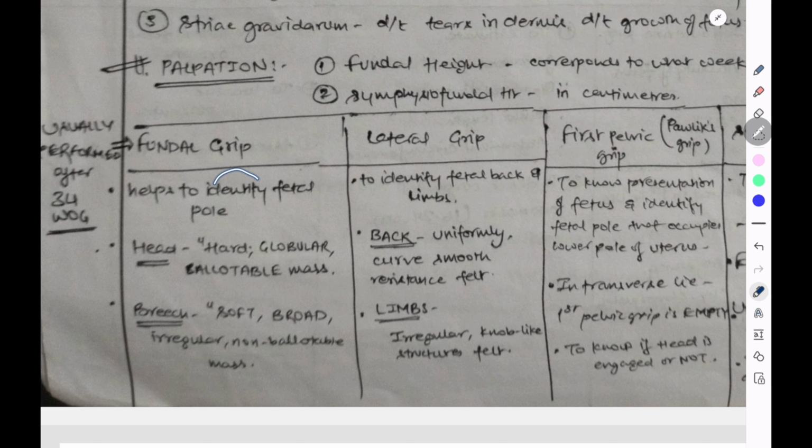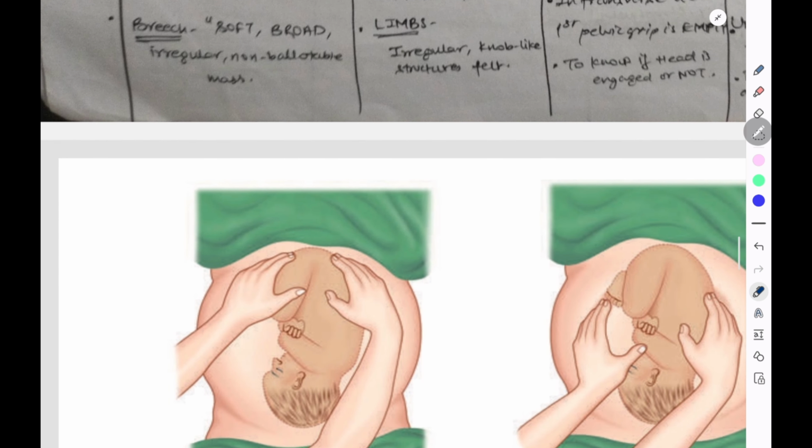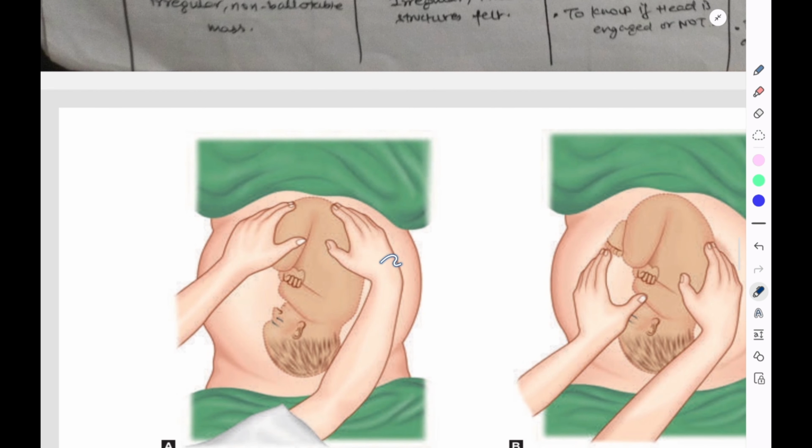In fundal grip, to identify the fetal pole, how will you say it is head? Head is a hard, globular and ballotable mass, whereas if you find a soft, broad, irregular, non-ballotable mass, it is suggestive of breech. So see here, we are facing towards the face of the pregnant female, and this is our first grip.